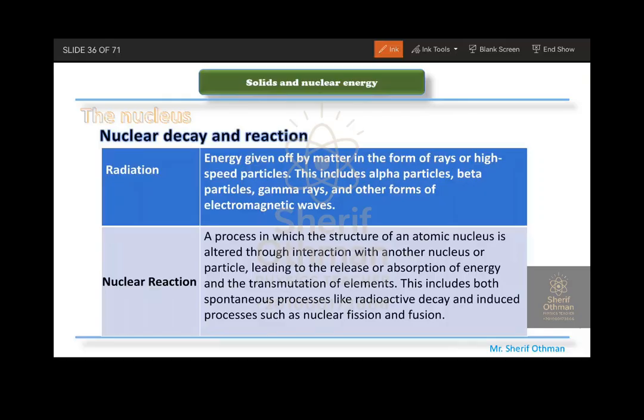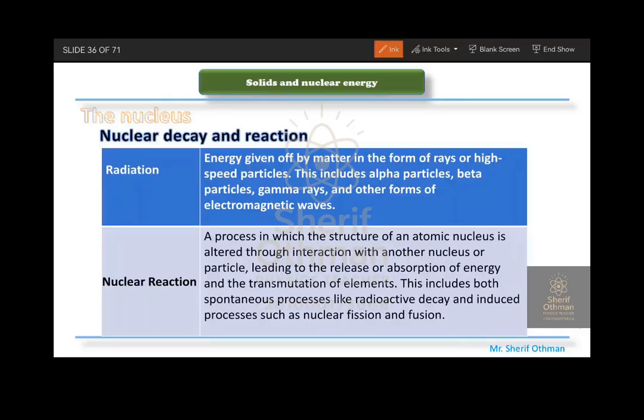Nuclear reaction is a process in which the structure of an atomic nucleus is altered through interaction with another nucleus or particle. During a certain reaction, the nucleus becomes radioactive and able to decay.